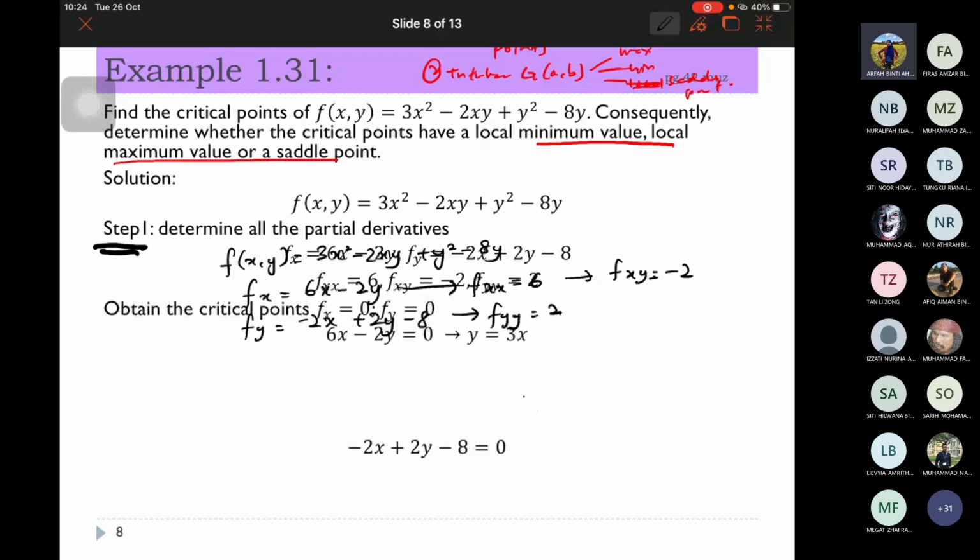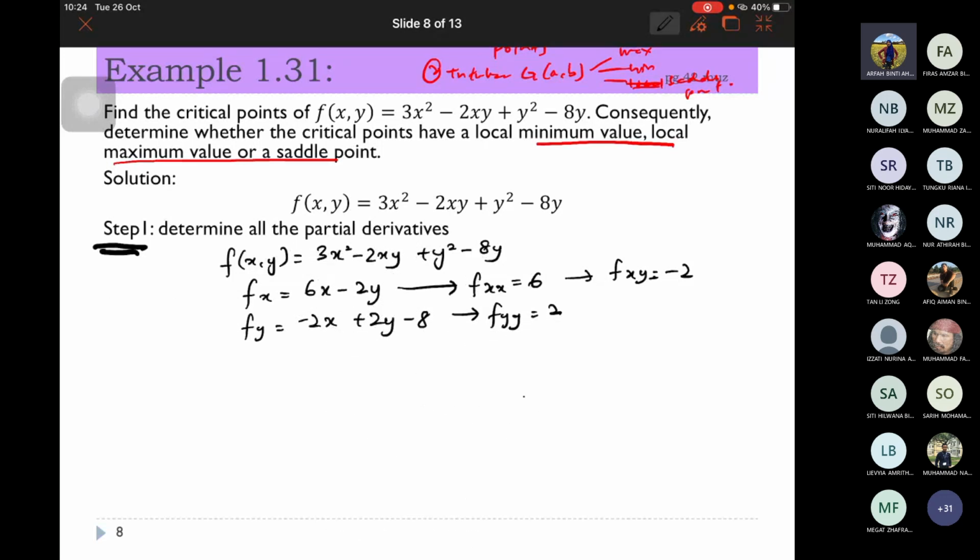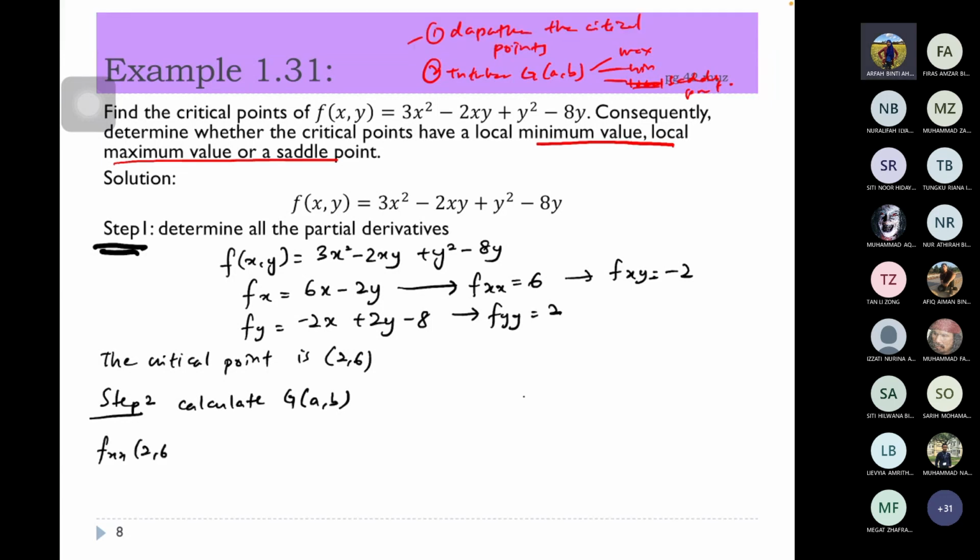So, the critical point is 2, 6. Okay. Step 2. Calculate, okay, GAB. Okay. So, kita kira FXX 2, 6 sama dengan 6. FYY 2, 6 sama dengan 2. FXY 2, 6 sama dengan negatif 2. Okay.